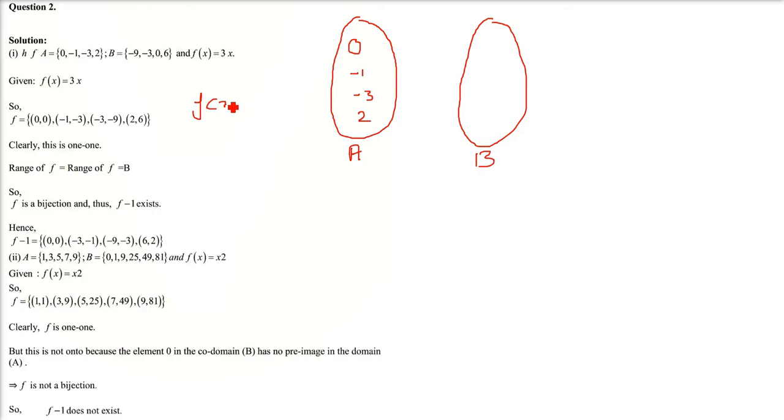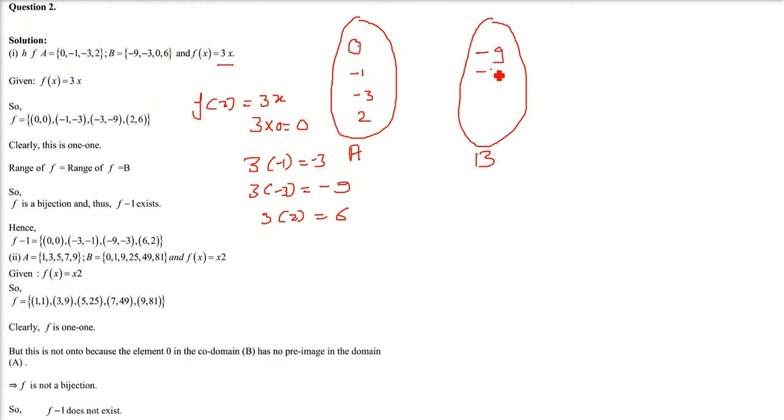Now take 0 till 2 and put it in 3x. So 3 into 0, you get 0. 3 into -1, you get -3. 3 into -3, you get -9. 3 into 2, you get 6. So how is it mapping? Let us write the other set also: -9, -3, 0 and 6.